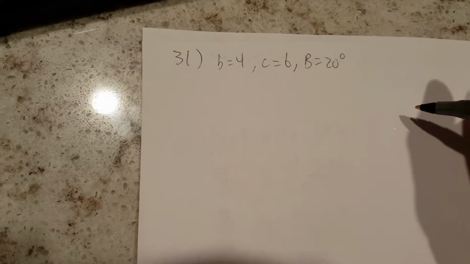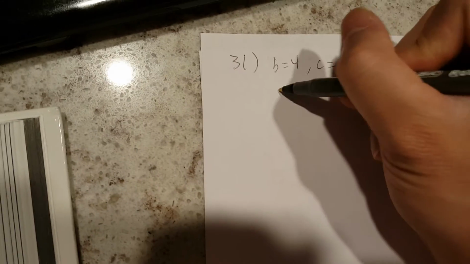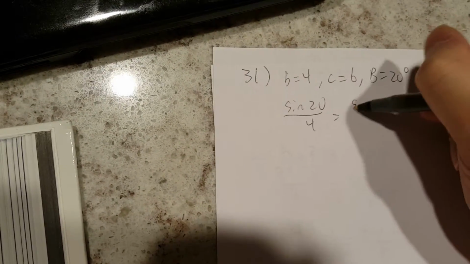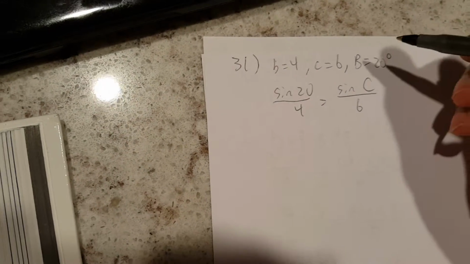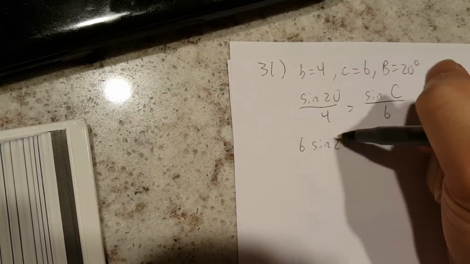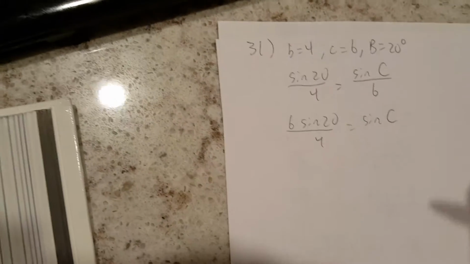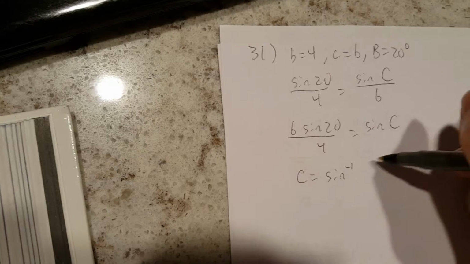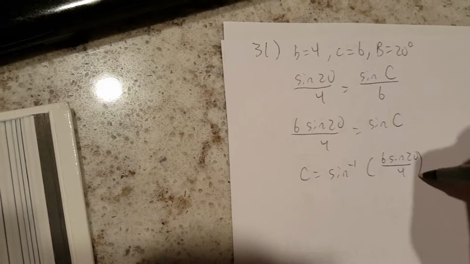Okay, so here I have capital B, lowercase b, so I could do sine 20 over 4 is equal to sine of capital C over 6. I multiply everything by 6, so I have 6 sine 20 over 4 is equal to sine C. I inverse sine both sides, so C is equal to the inverse sine of 6 sine 20 over 4.